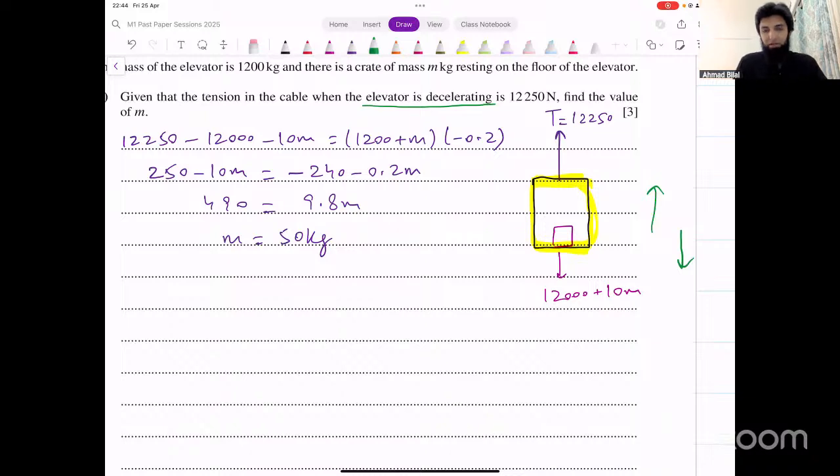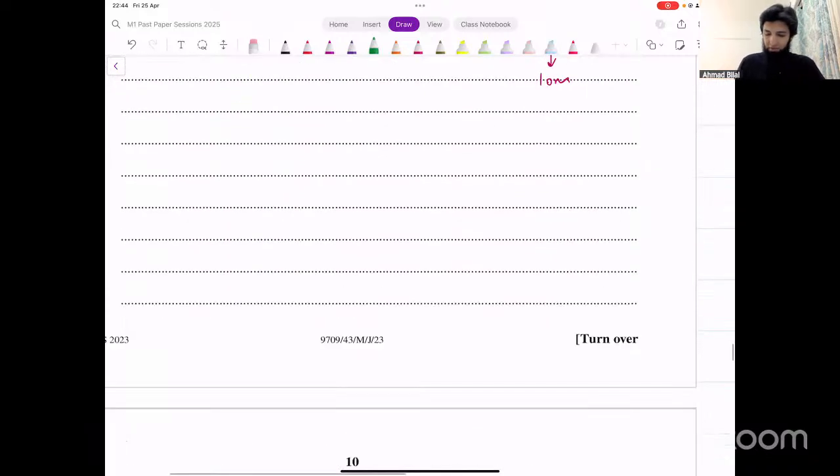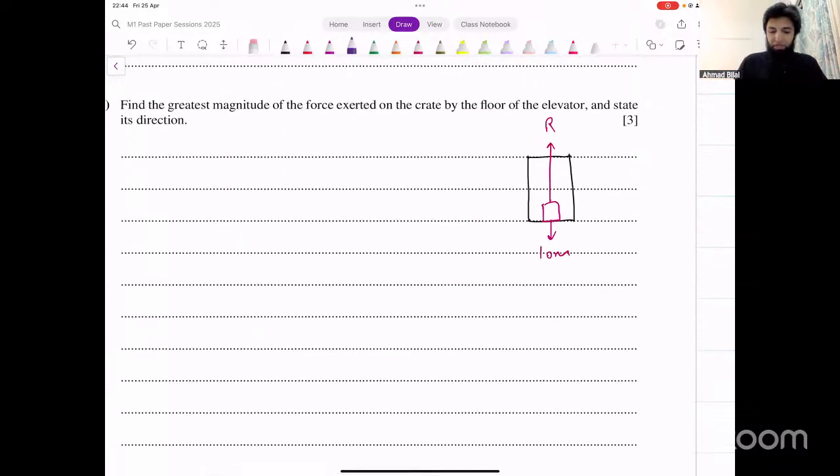At that point, the lift will be accelerating, right? So there are three parts of the journey. In one part, the lift is accelerating upwards. In one part, it's traveling at constant velocity. In one part, it's decelerating.